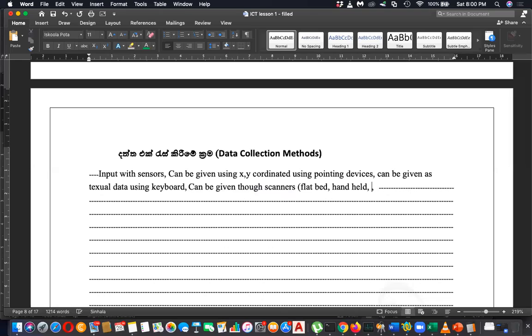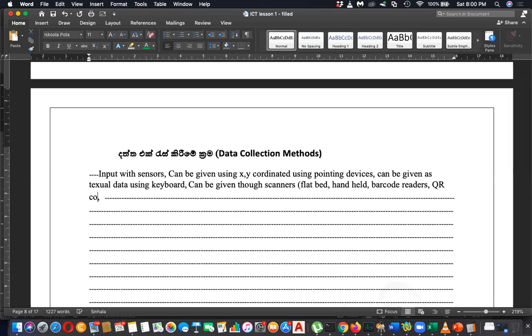But other than these, you have barcode readers, QR code readers, and magnetic stripe readers, the magnetic stripe at the back of cards. And you have OMR, like O level and A level papers, for marking MCQs. Those are called optical mark readers.